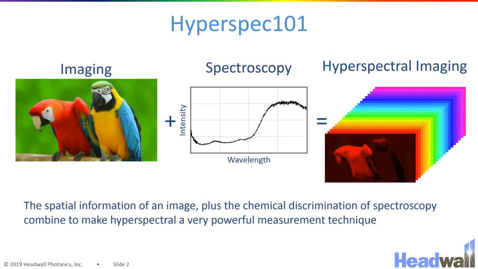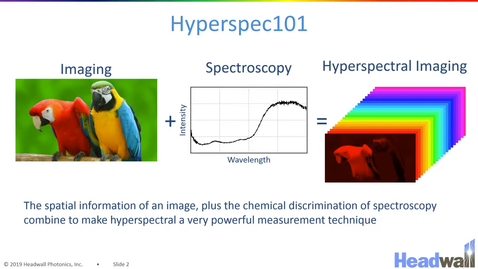In brief terms, hyperspectral imaging is the combination of imaging and spectroscopy. Hyperspectral imaging combines the power of spatial imaging and the power of spectroscopy into a single technique that allows a scientist to leverage the chemical discrimination power of spectroscopy and the spatial discrimination of imaging, both at the same time, to give them maps of chemical content.